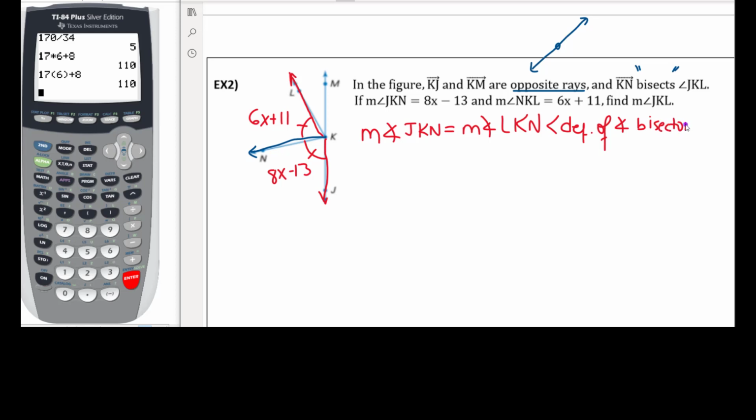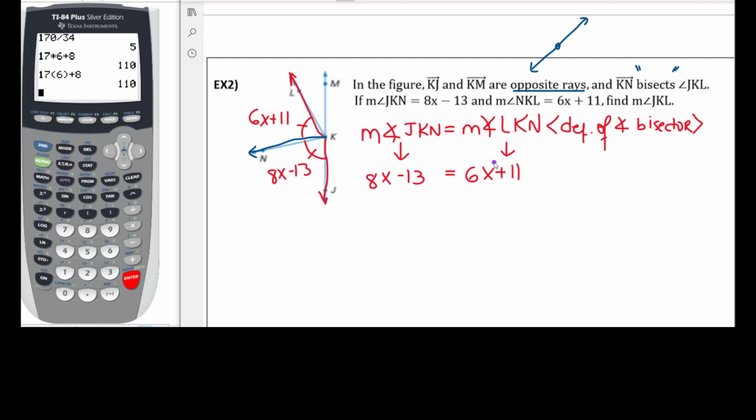So if you notice now, we're growing into our different laws and definitions that we can use in order to solve problems. Now we're going to substitute and see if this equation can be solved. So JKN, when we look at the drawing, is 8x minus 13, and LKN is 6x plus 11.